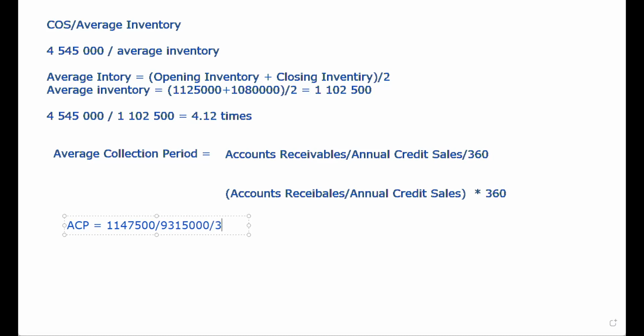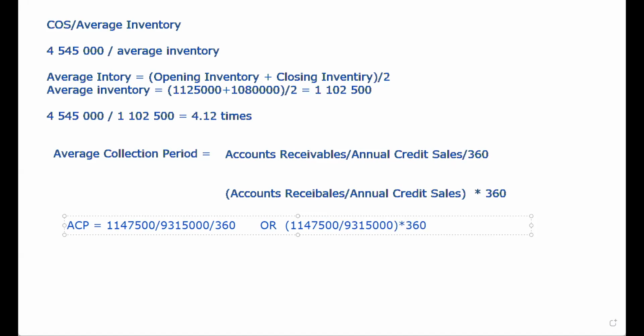And then divide by 360. Or like I said, if you use the other formula, you are going to say in brackets 1,147,500 divided by 9,315,000, and then close bracket, and then you multiply by 360.